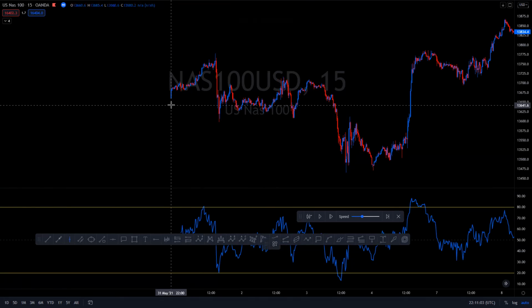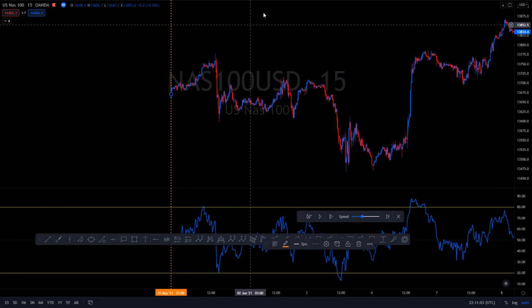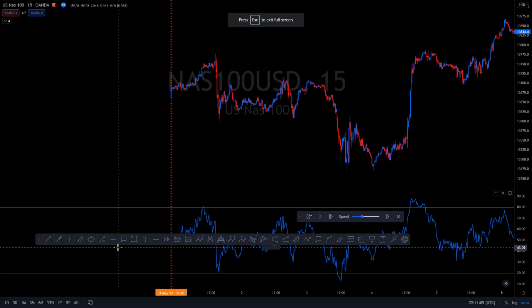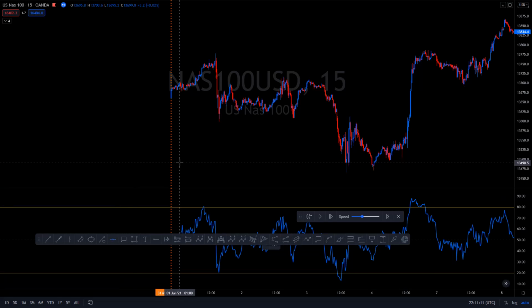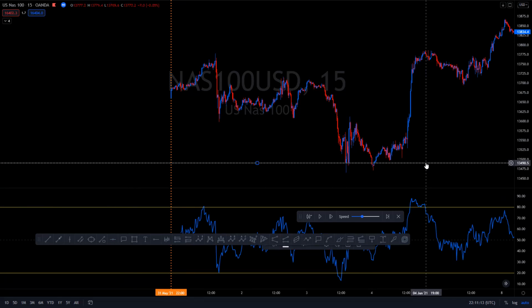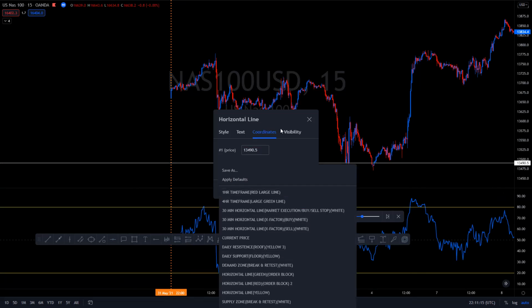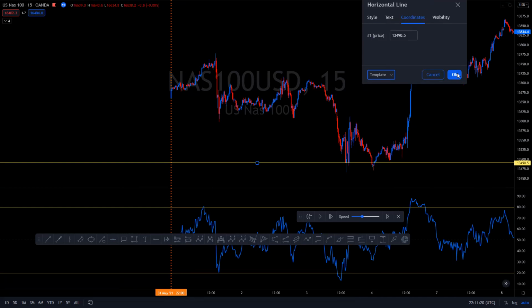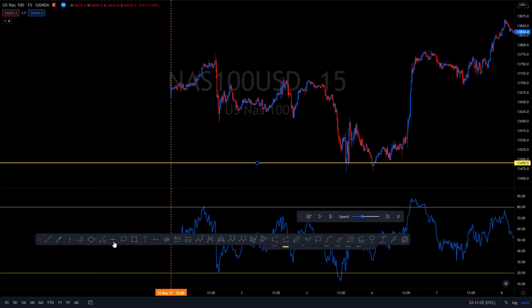Let me take my vertical line and put that here. Then I'm going to mark up market structure just based off of institutional levels. I'm going to make the horizontal line yellow.